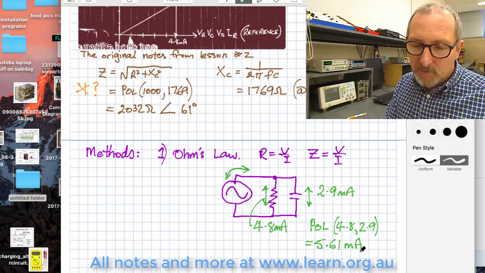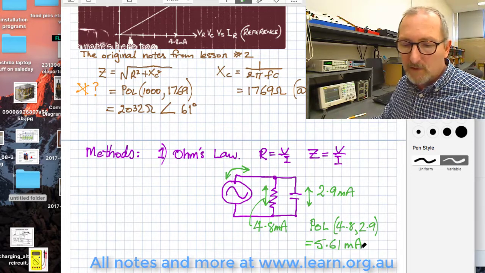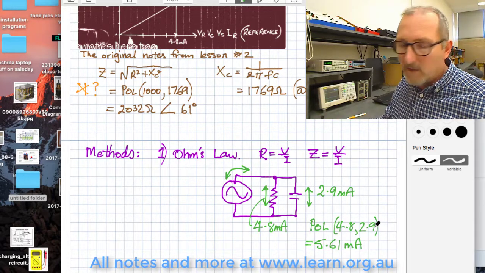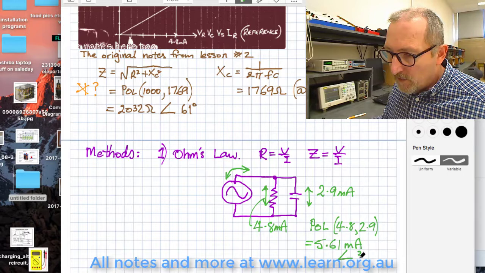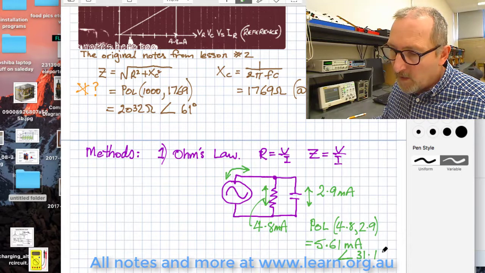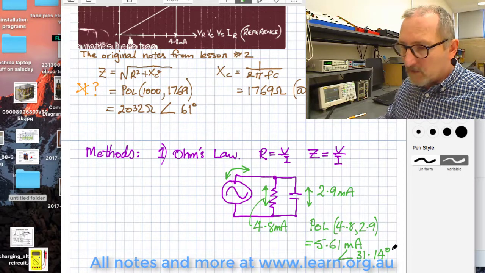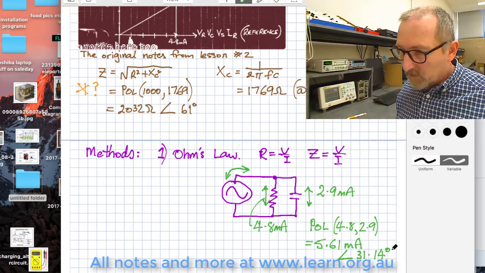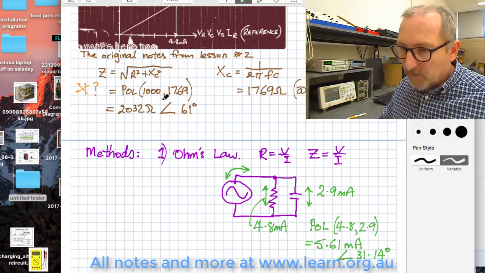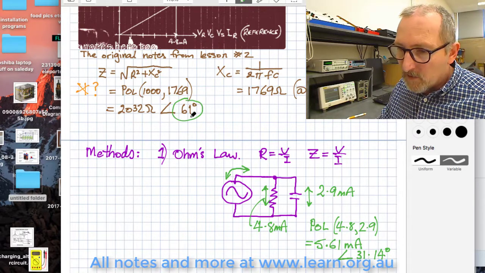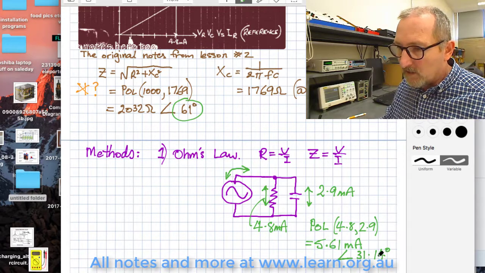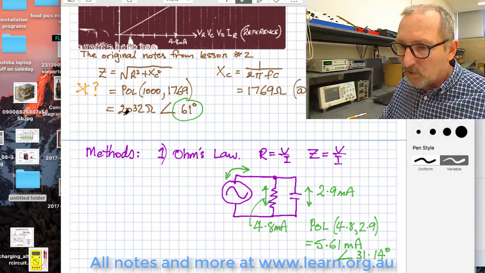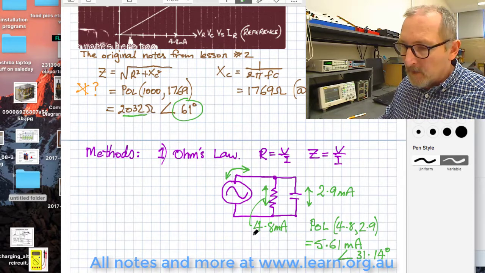And this also gives me a phase angle. Ooh, that's interesting. 31.14 degrees. Straight away I'm starting to see a bit of a difference between our 61 degrees here and our 31 degrees here, and I'm going, ooh, this doesn't look too promising.